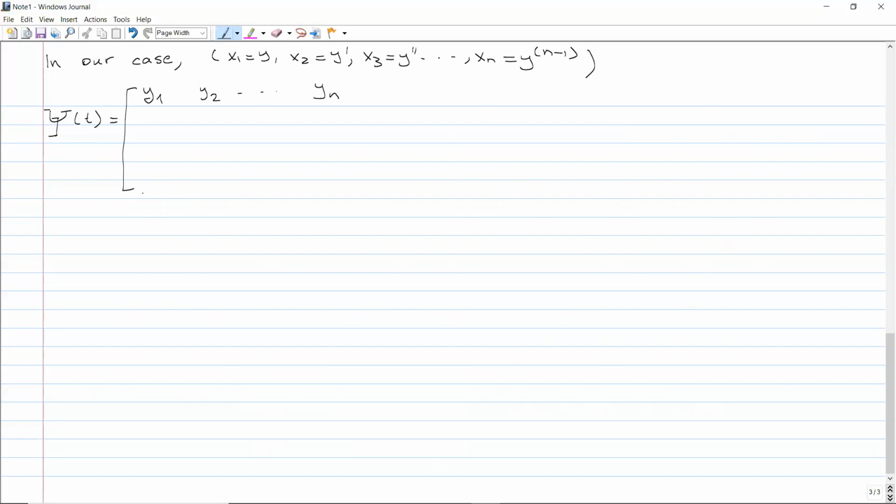So in the fundamental matrix, remember each column is a solution of the system, but to be a solution of the system, the variables x1, x2, x3 should be in this form.